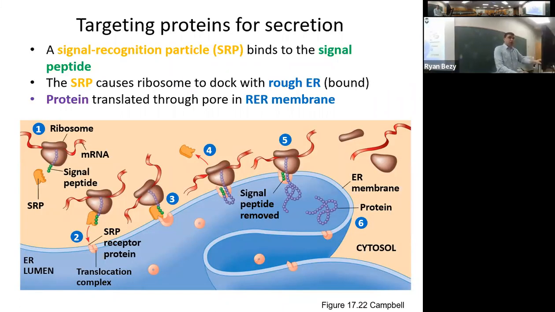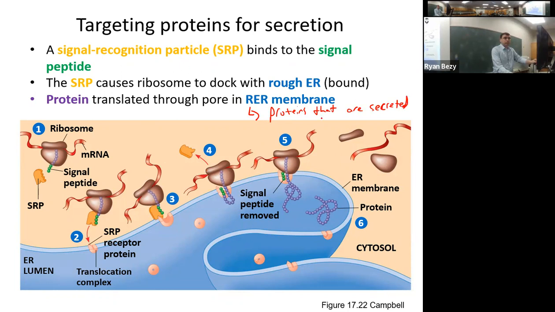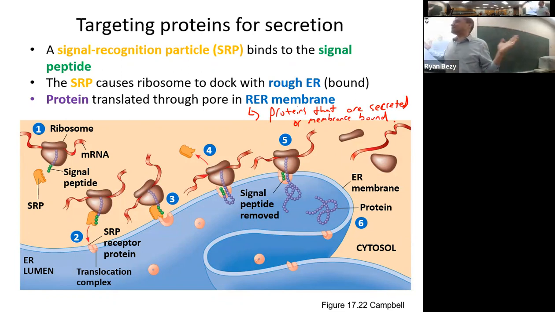So typically proteins made in the rough ER are either secreted or membrane bound. And what are antibodies? Sometimes membrane bound and sometimes secreted.